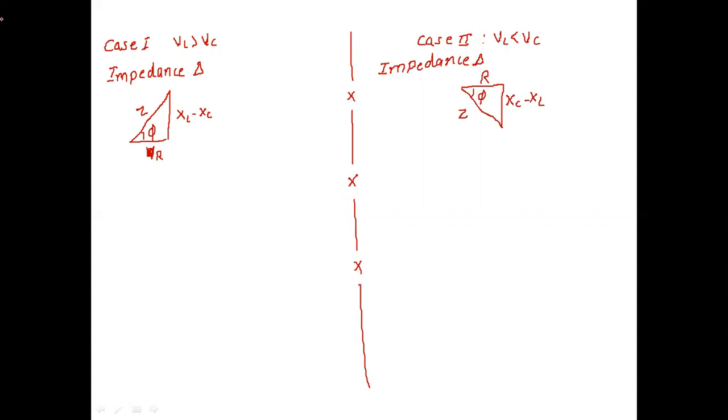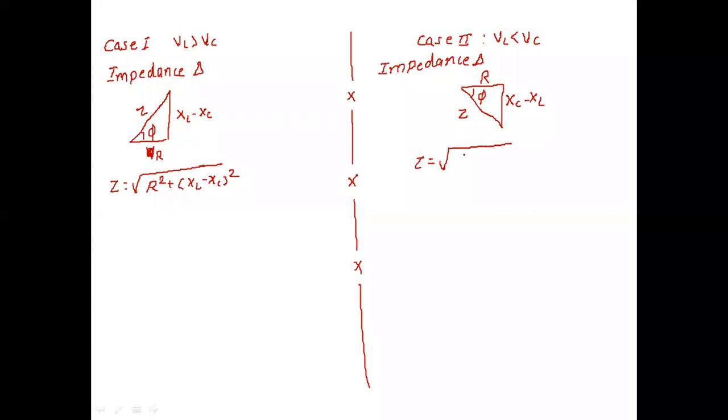From this triangle also, we can write Z equal to the square root of R squared plus (XL minus XC) squared. In this case, I can write Z equal to the square root of R squared plus (XC minus XL) squared.